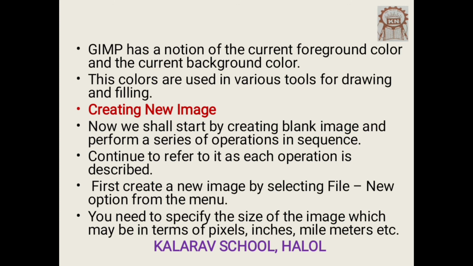However, we may change this behavior from the Edit, Preferences menu item. The Display section has a transparency subsection that allows us to set the check size as well as check color. We may set the check style to white only if we wish.